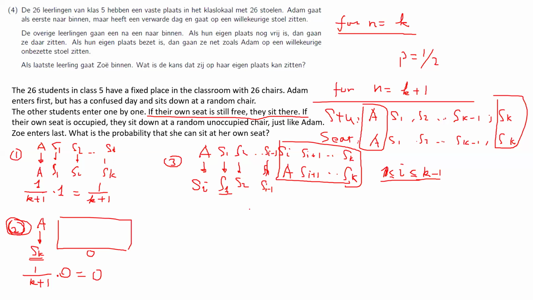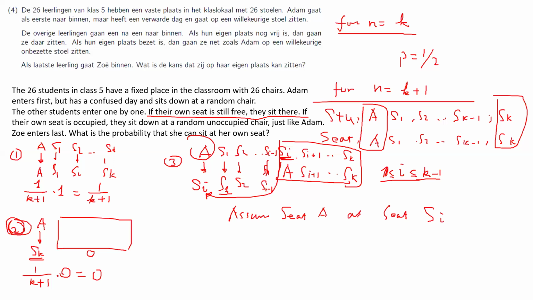If we regard the seat A as the seat SI, because here SI's own seat is already occupied by Adam, the first player.